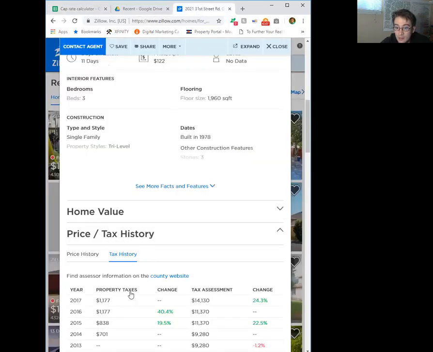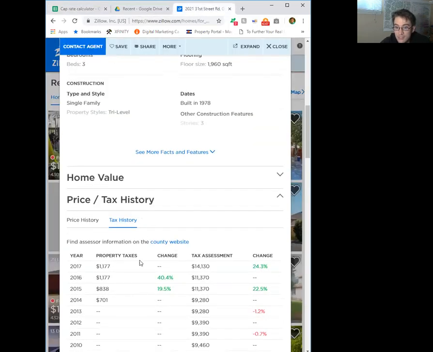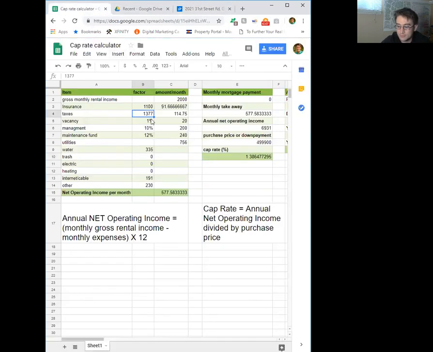Taxes, as we saw, $1,177 for last year. Taxes are incredibly low in Colorado, which is awesome. Vacancy rate, we'll use the same number. Management fee, 10%. Maintenance fund, 12.